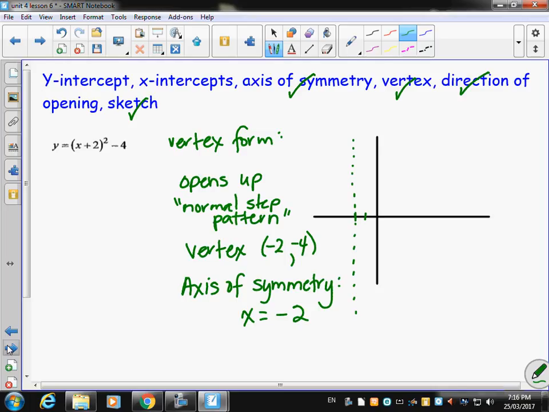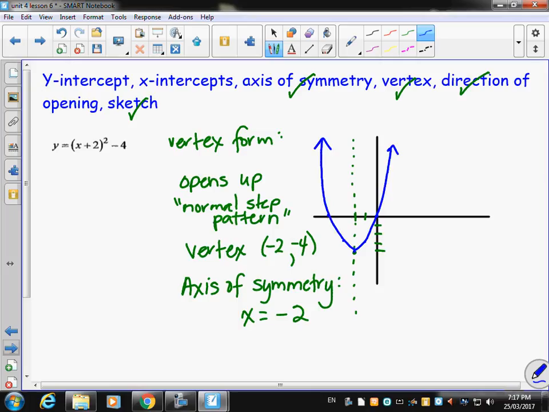I know my vertex is at negative 2, negative 4. And I know it opens upwards, regular step pattern. So I don't have a very accurate grid, but I would have over 1, up 1, over 2, up 4. And I have a sense of what this looks like from vertex form.